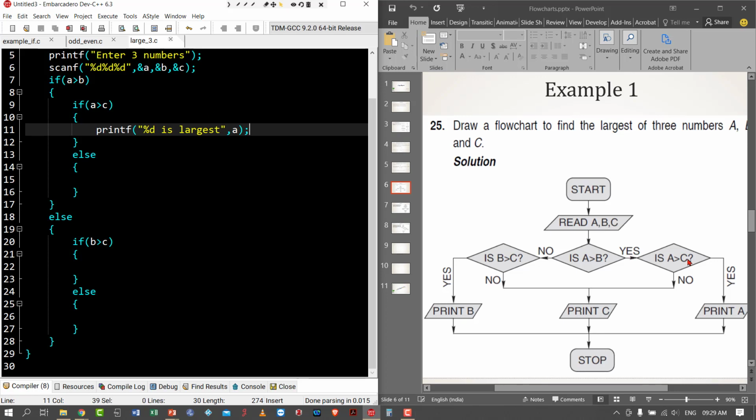Since it is true, I have checked one more condition, A greater than C? It can return no or yes. If it is yes, I have to print A. Here I have printed A is largest. If it is false, what do I have to print?